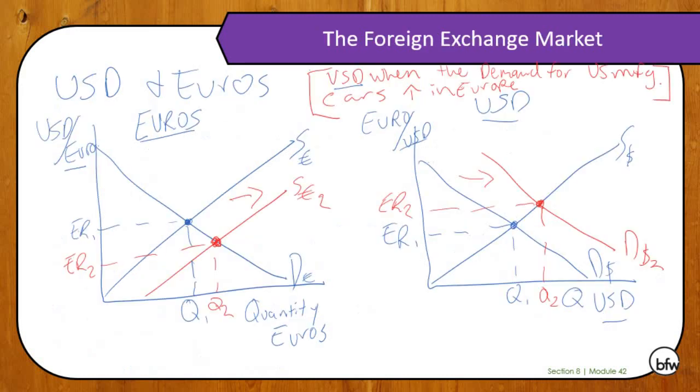Alright, so when we come back up here, we can look at the exchange rates, and we can say, yes, the euro decreased in value, it depreciated, and the US dollar appreciated because the exchange rate went up for the dollar.